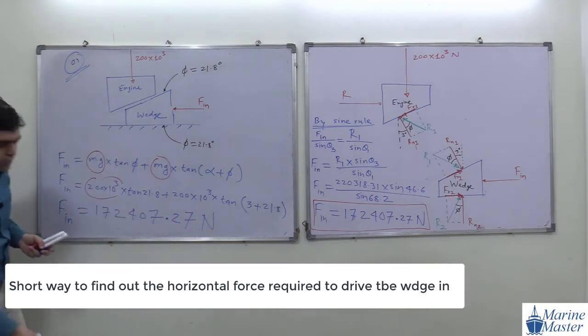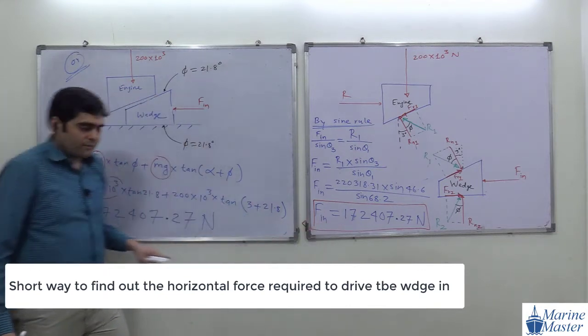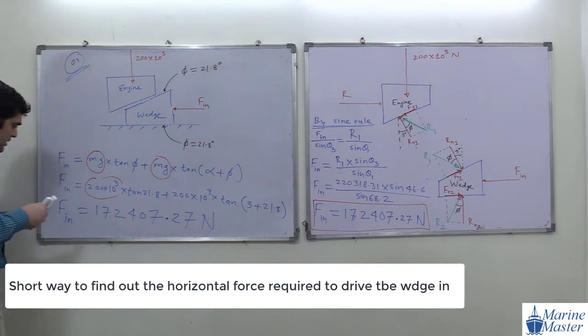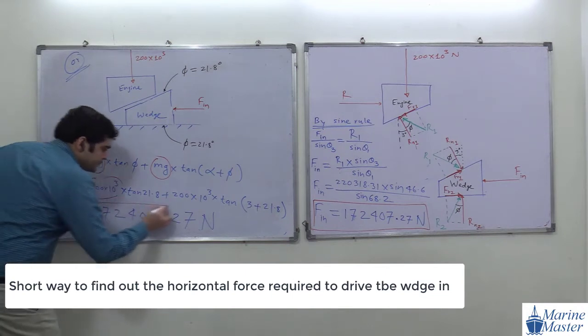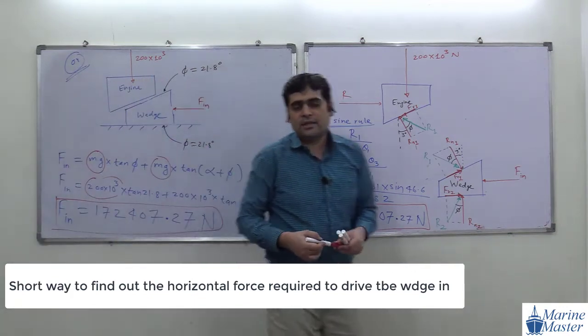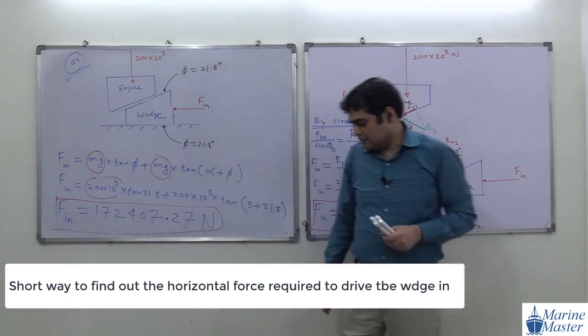Are you getting my point? See the answer, by this way and the earlier way, we are getting the same answer. Does anyone have any doubt in this discussion? Try to see the points here, everyone. Please write down, guys, this other way.